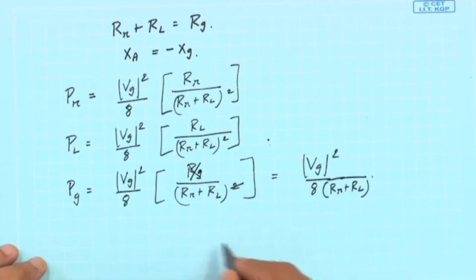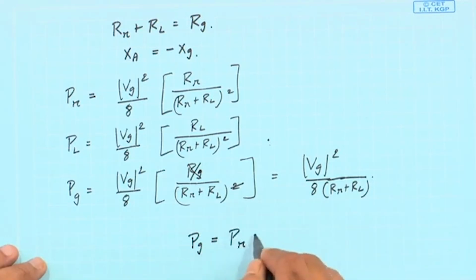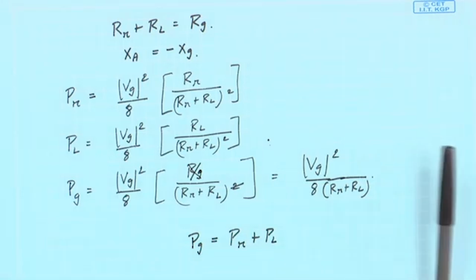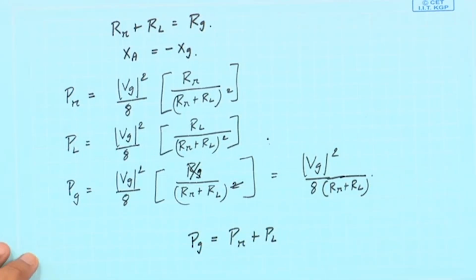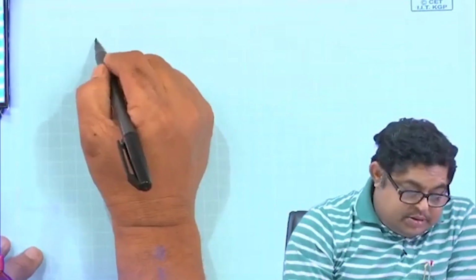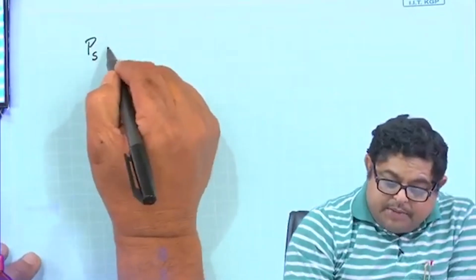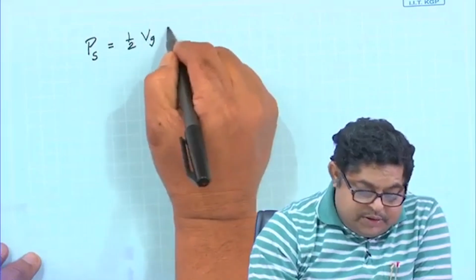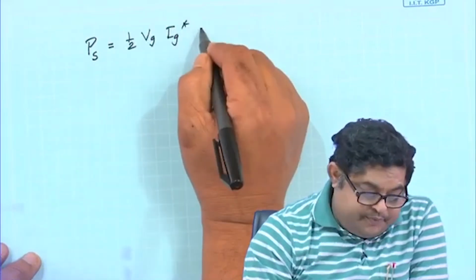So, under conjugate matching we can say that P g is equal to P R plus P L. Also we can find out the maximum power supplied by the generator. Power supplied by the generator is half V g I g star.